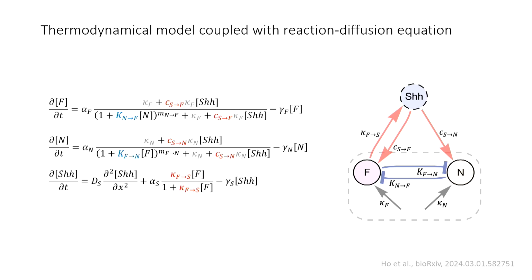But here, the level of Sonic hedgehog production is decided by F. In the mathematical sense, if I forget about diffusion, Sonic hedgehog would be on the top, and nothing would affect it in the dynamics of the system.